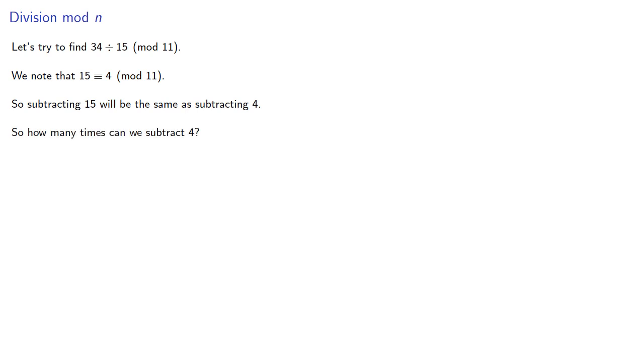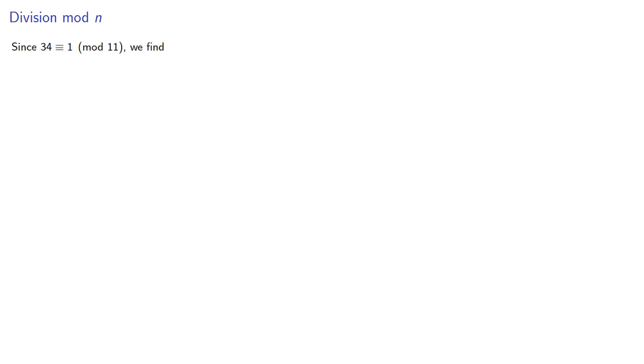Let's try to find 34 divided by 15 mod 11. First, we note that 15 is congruent to 4 mod 11, so subtracting 15 will be the same as subtracting 4. So how many times can we subtract 4? So 34 is congruent to 1 mod 11, and so 34 minus 15 is congruent to 1 minus 4.